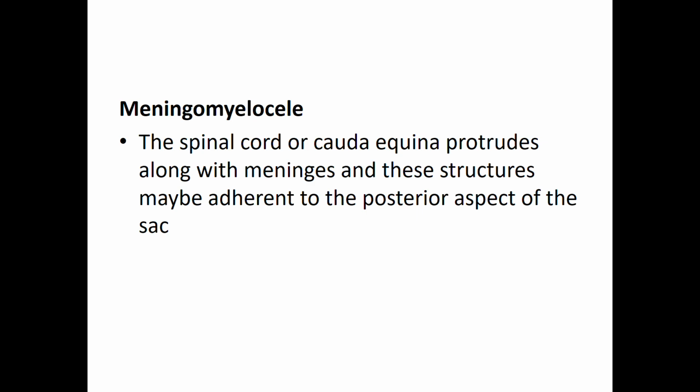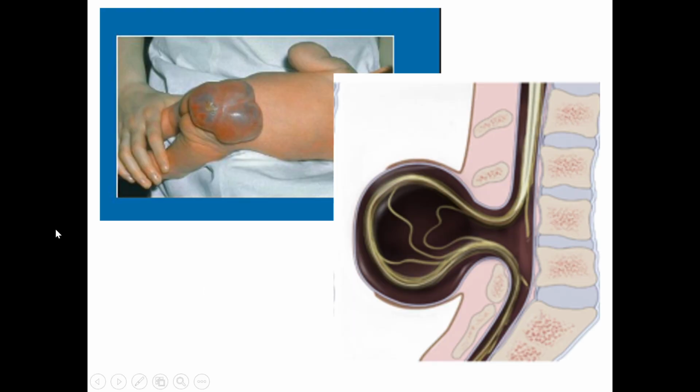So these three things, the spinal cord, the CSF, and the meninges, protrude outside. It may appear like this, larger than a meningocele. In the picture you can see the meninges, the spinal cord coming out, and your CSF also.